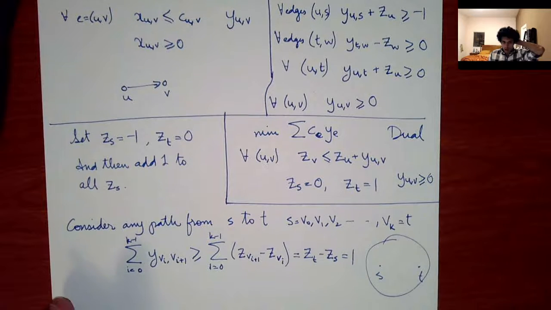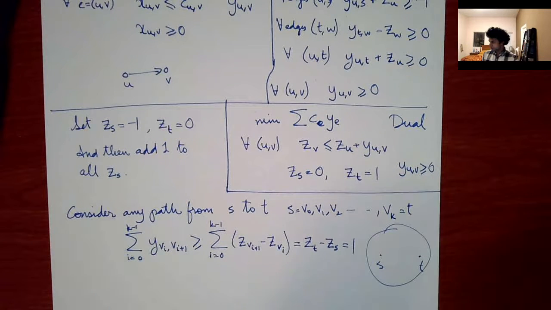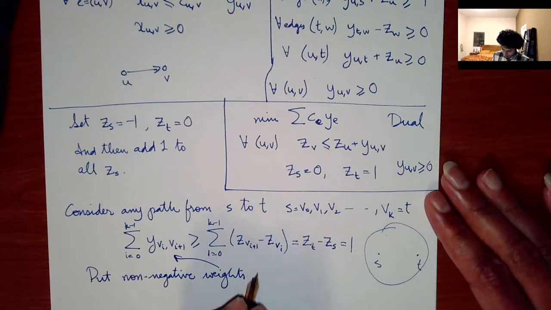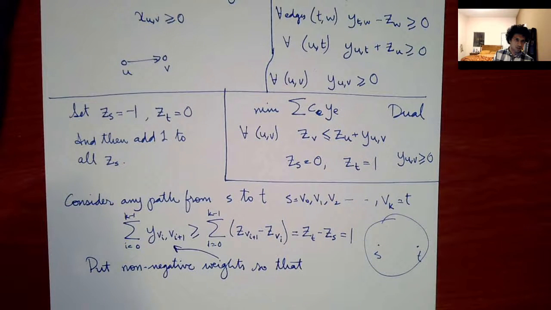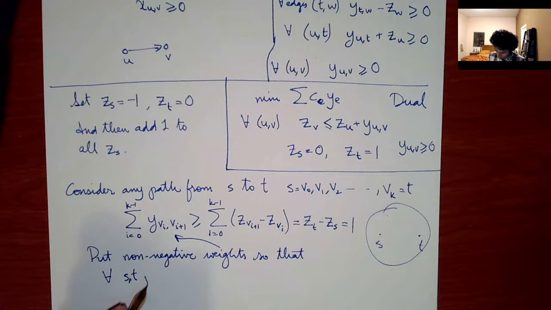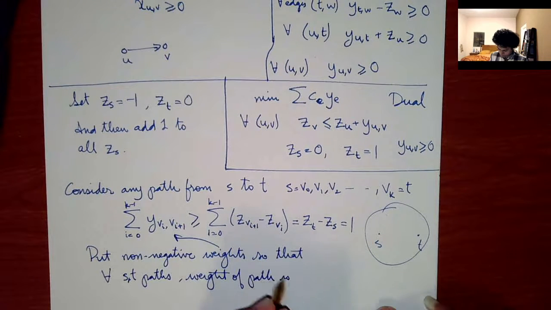So what is the problem? What is the dual saying? It says put non-negative weights, and those non-negative weights are the y's, so that for all S-T paths, the weight of the path is at least 1.